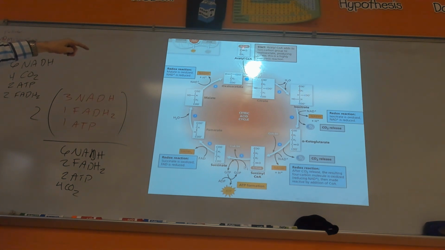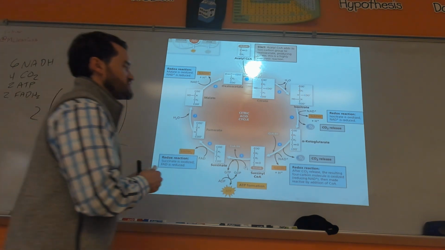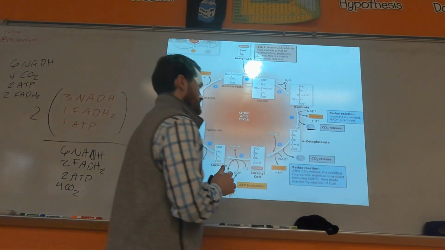That's the CoA group. This is the acetyl group, the 2 carbons. They color code these carbons. These 2 carbons in blue are the 2 CO2s that get released.